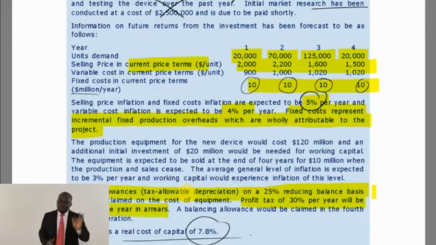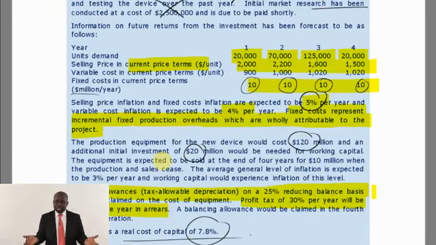So there is no way you would have to get any capital allowance on your working capital, please. The working capital has got nothing to do with capital allowance. Capital allowance, just like depreciation, should be based on non-current assets. So even though this project will cost equipment of 120 and there is working capital of 20, no way we have to think about working capital when we're dealing with capital allowances.